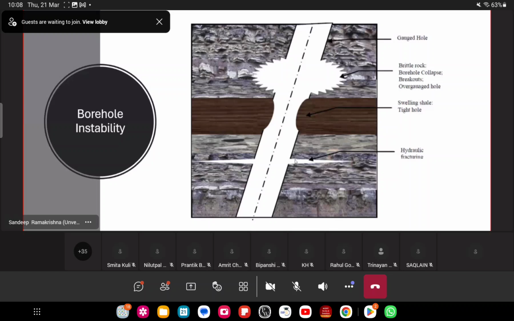Depending upon the size of particles that are there in the drilling mud itself, once the mud cake is formed, remember I said there is a spurt loss, but the mud cake acts like a filter or a semi-permeable membrane that minimizes or stops the further invasion of drilling filtrate. But obviously, based on the size of the particles that are there and the permeability.